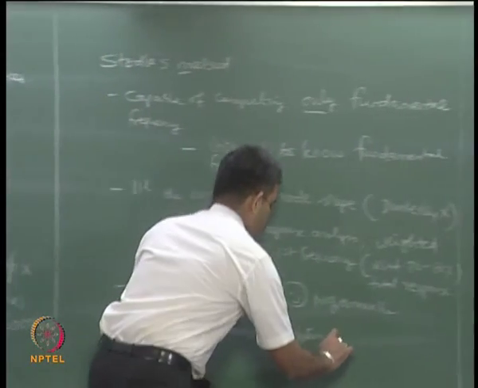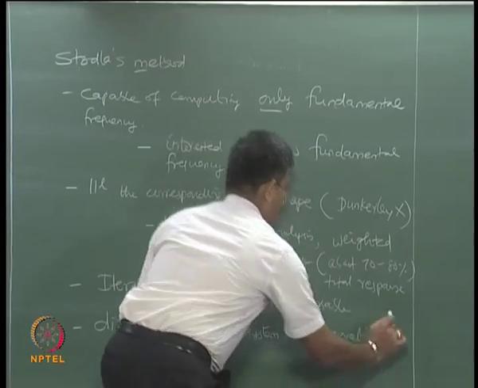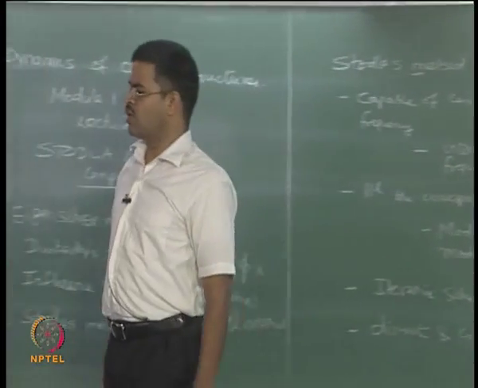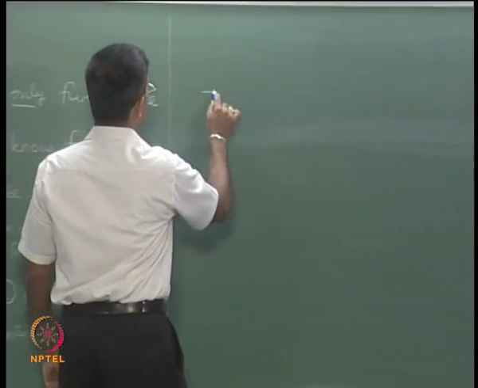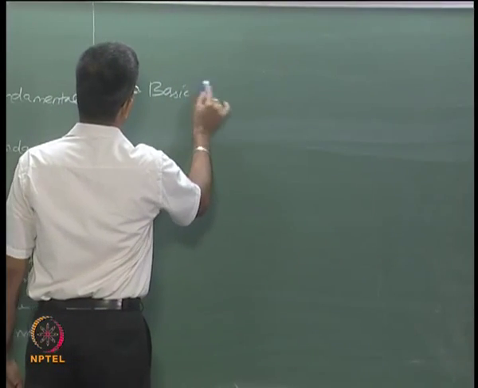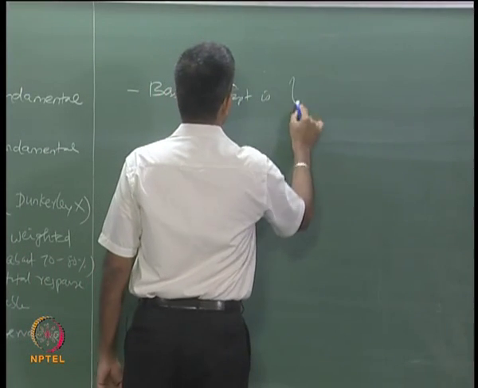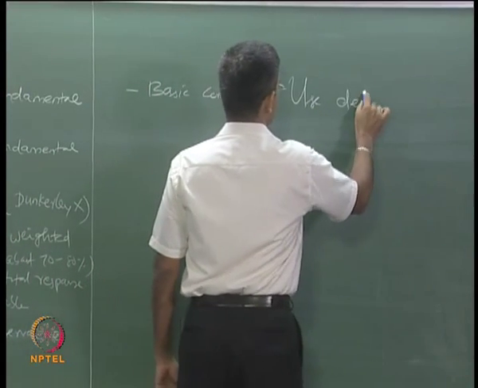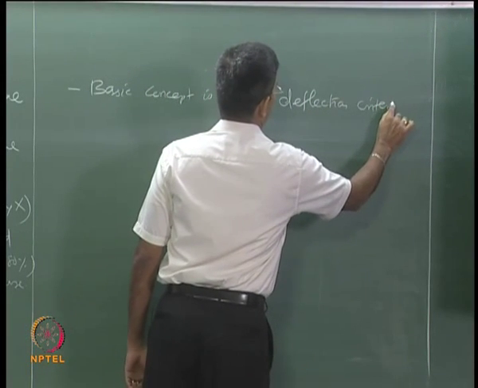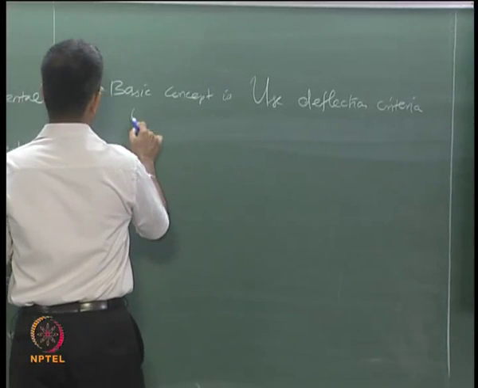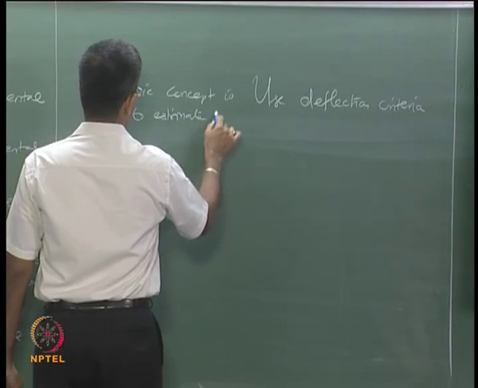But the system should be conservative, means there should be no energy loss in the system. The basic concept of this method is use deflection criteria to estimate frequency.